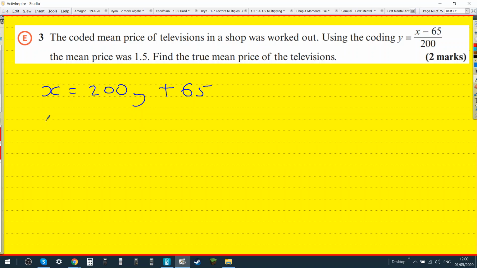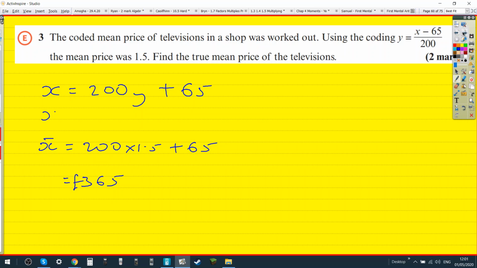And then X is equal to 200 times 1.5 plus 65. That's it. What is that? That is 365. So y bar is 1.5, x bar is 365, and I think it's pounds.